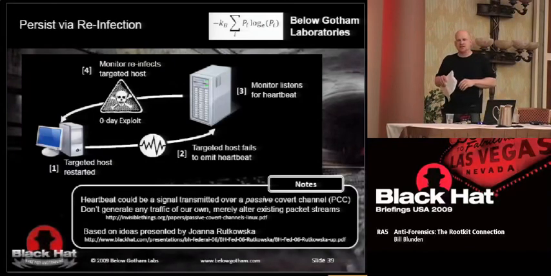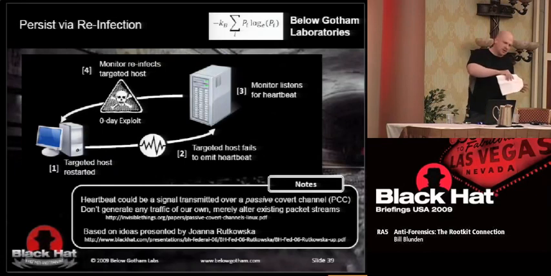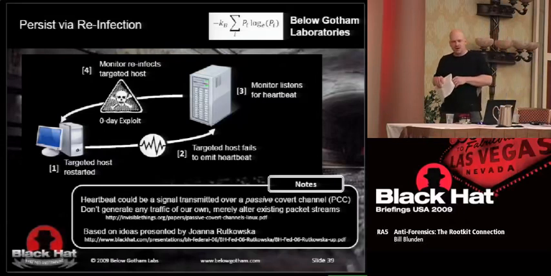If it detects that this signal has stopped, that the heartbeat stopped, usually it could be because the system has rebooted, or gone down, or been shut down. And so upon detecting that, this heartbeat monitor can then reinstall the rootkit through a zero-day exploit or some other means. So it's a way of persisting and staying memory resident without necessarily having to reside on disk.